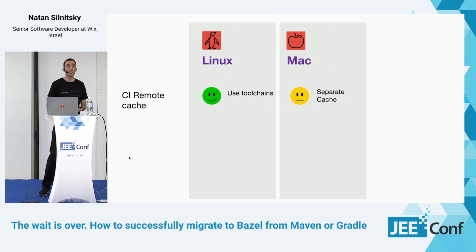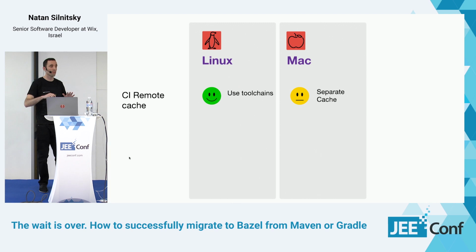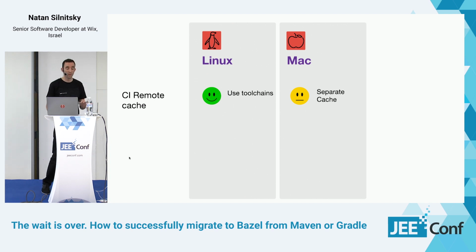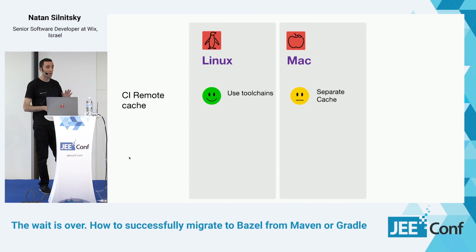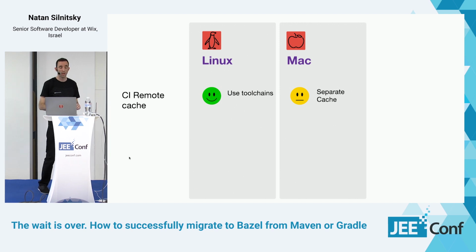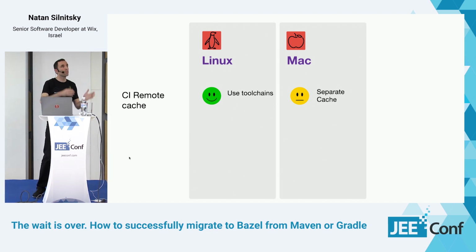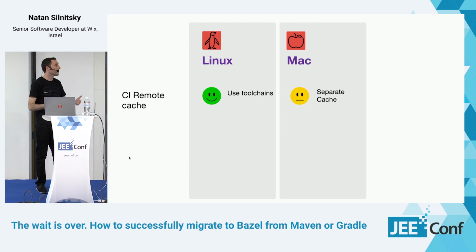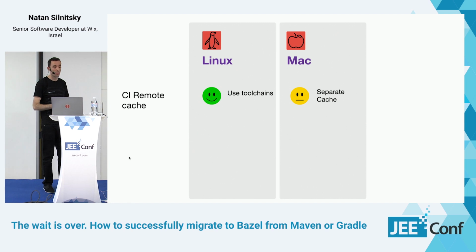That means that either you have your developers populate the cache themselves, and you need to have configurations to make sure they don't change the JDK version that they use. So it's a bit more fragile, but you can have checks in place. Or you can have a separate CI server on MacStadium or something like that that will populate the builds, but of course that's more expensive.